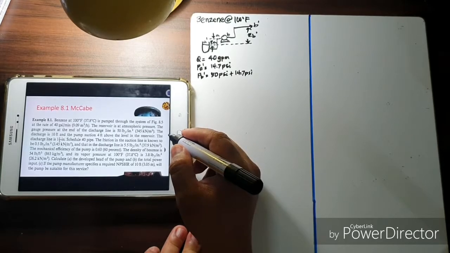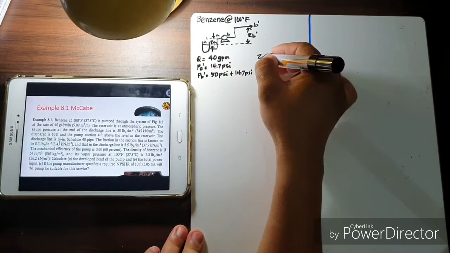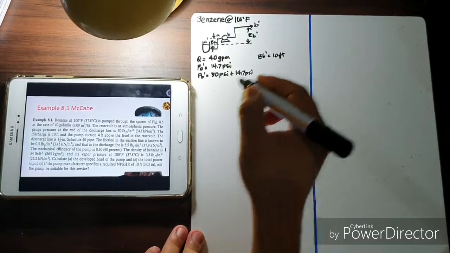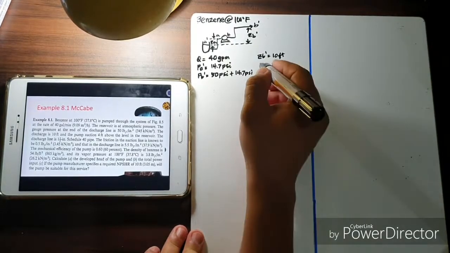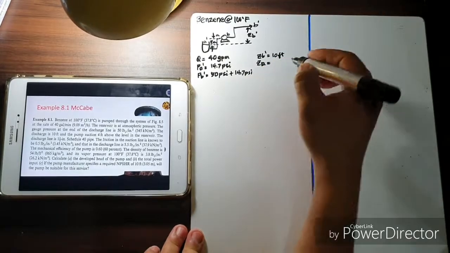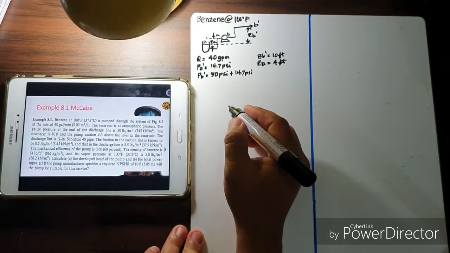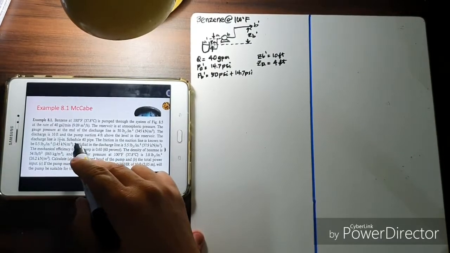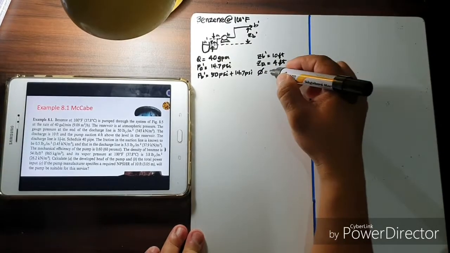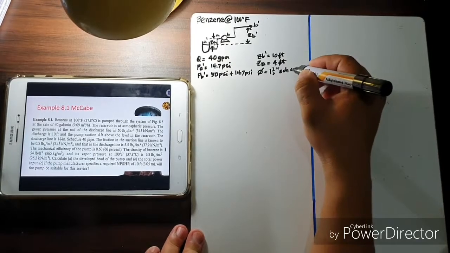Now, the discharge is 10 feet, so your C sub B prime is equivalent to 10 feet, while the pump suction or the elevation of the pump is equivalent to 4 feet. The discharge line is with the diameter of 1 1/2 inch, schedule 40.